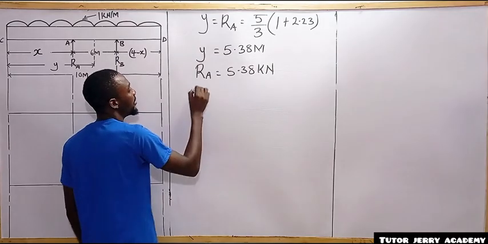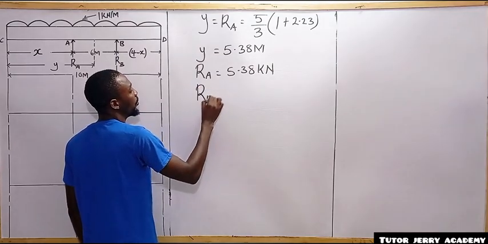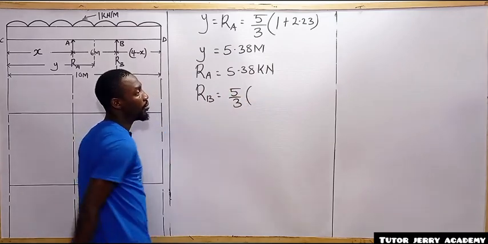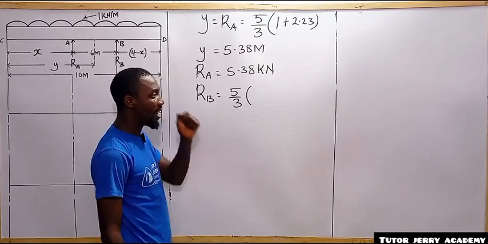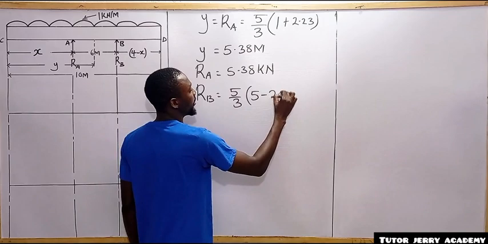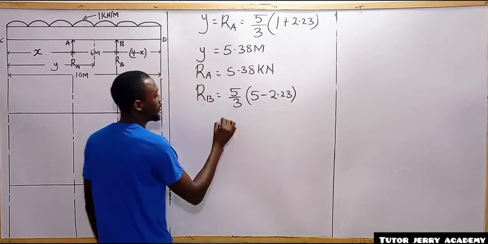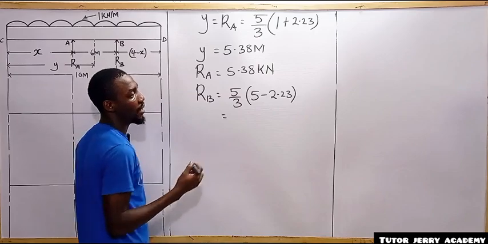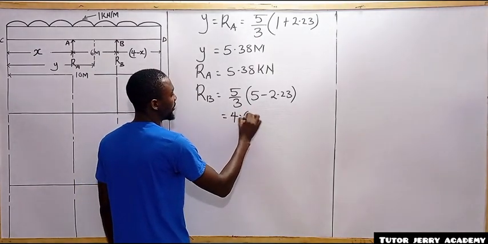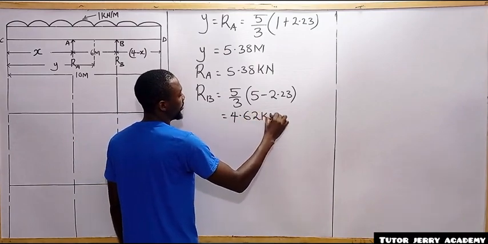So our reaction at B will be equal to 5/3 into (5 minus S), which is 2.23. So by the time you do the math, you are going to have nothing but 4.62 kilonewton.